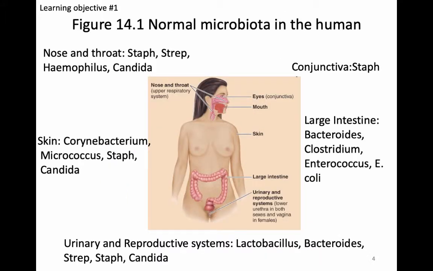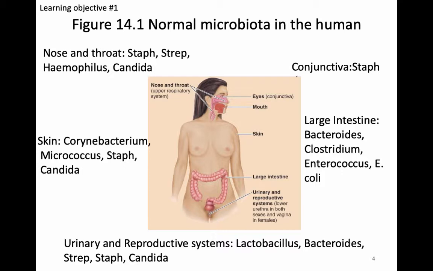In the human body, microorganisms live in nearly all of our body systems. We have plenty of microorganisms in the nose and throat, which is also called the upper respiratory system. We have microorganisms living in the conjunctiva, which is the area around the eye.